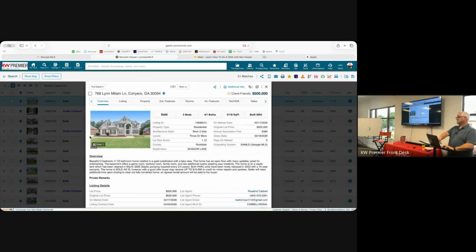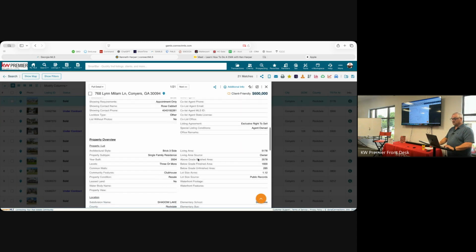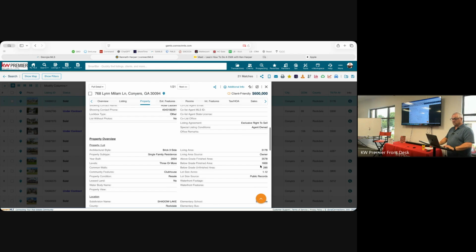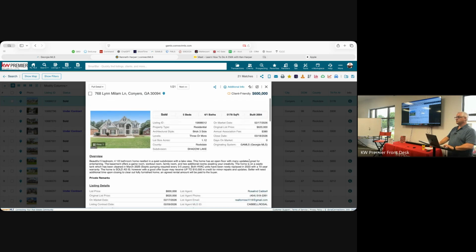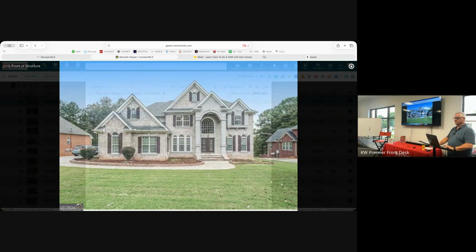These are closed. Okay. Here's 5,100 square foot built in 2004 on an acre in Shadow Lake. 3,500 square foot with 1,600 square foot finished in the basement. Sold for 600. Now you got it all over it in new, but let's see if it's been fixed up inside. All I got's a photo.